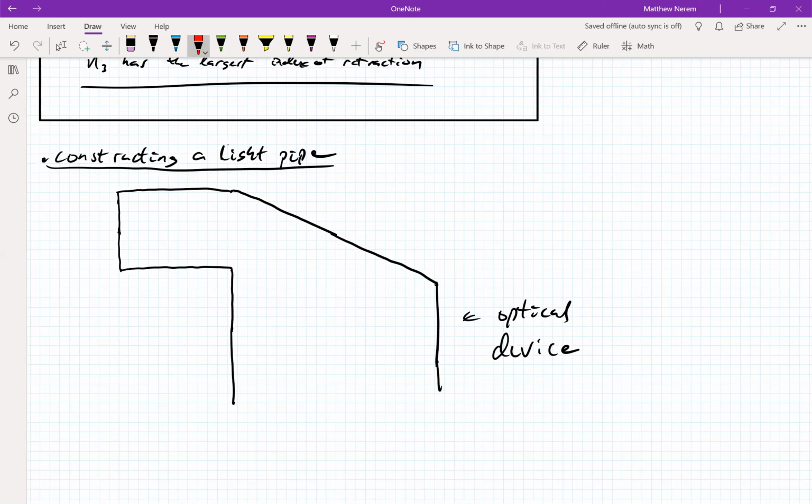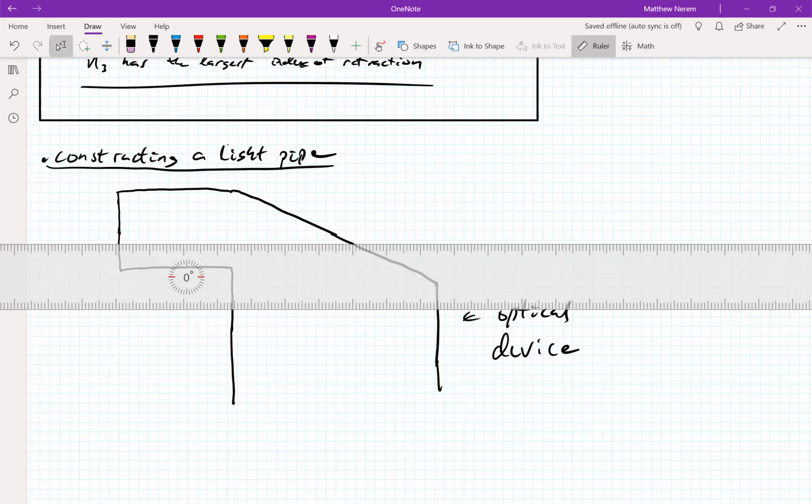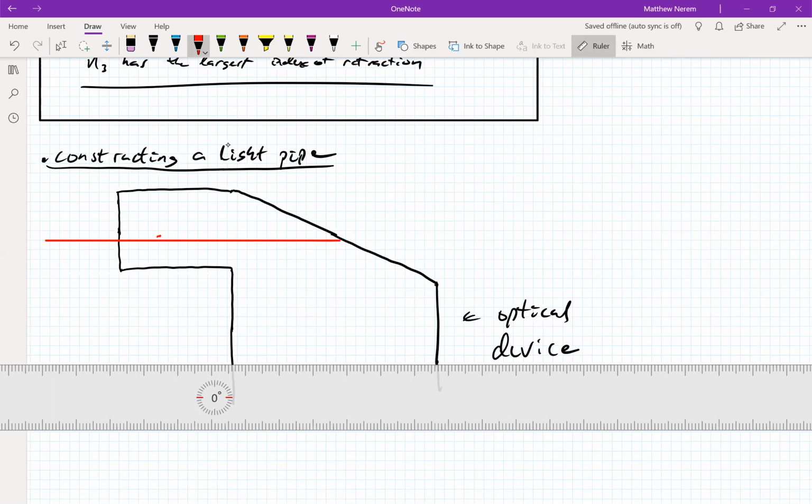What we're going to do is shoot in rays such that a ray comes in, hits the boundary, and then gets totally internally reflected.